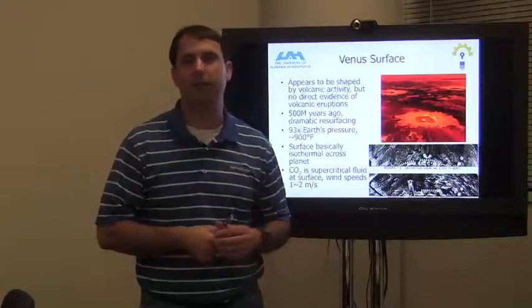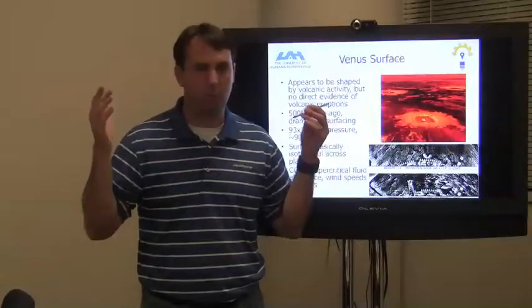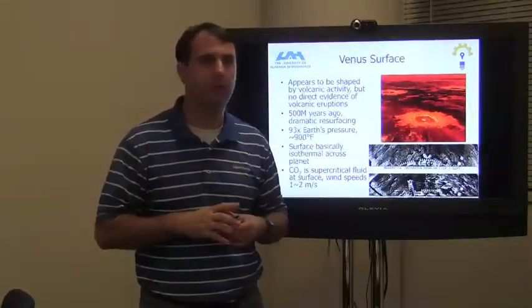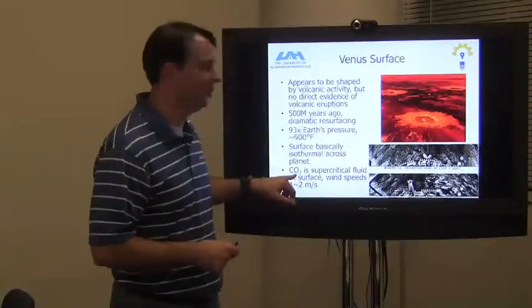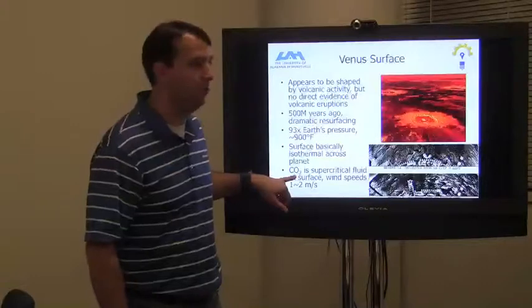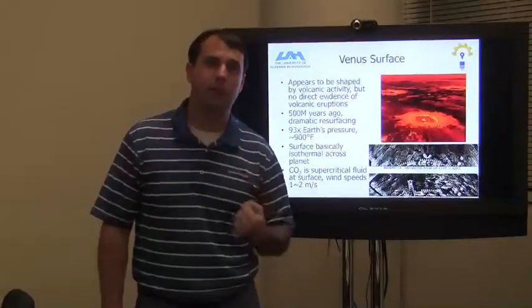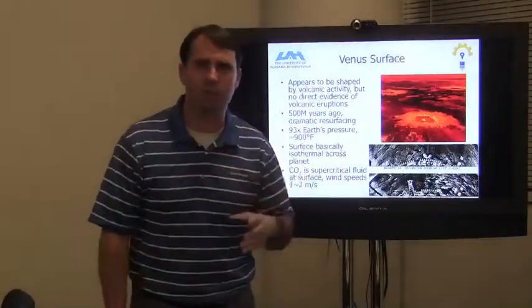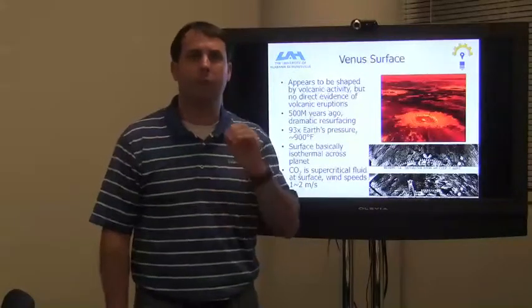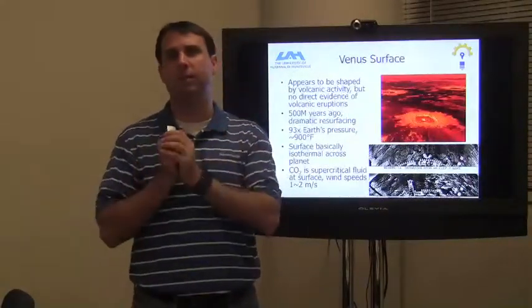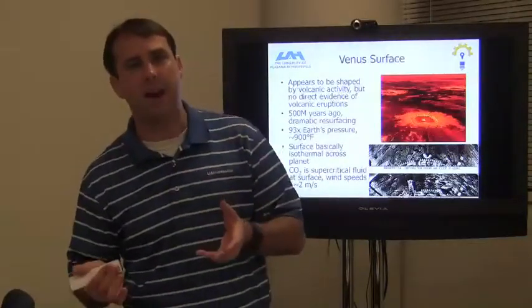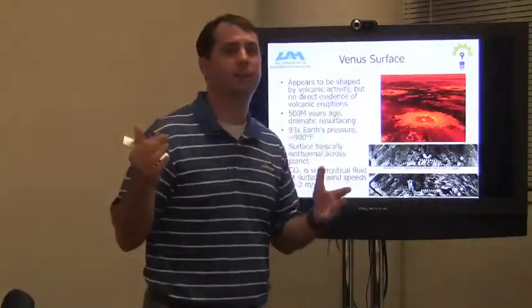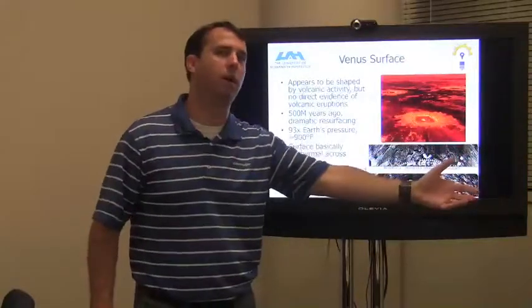The density of air is 1 kilogram per cubic meter. The density of water is 1,000 kilograms per cubic meter. The density of the CO2 at the surface of Venus is 65 or 68, somewhere in the upper 60s, kilograms per cubic meter. So it's 65 times the density of our air, but it's not quite a liquid like water.